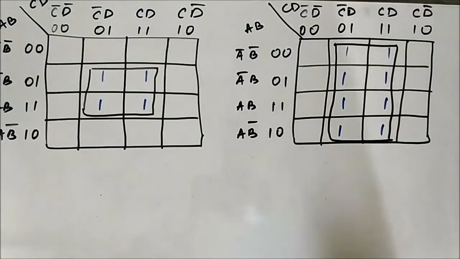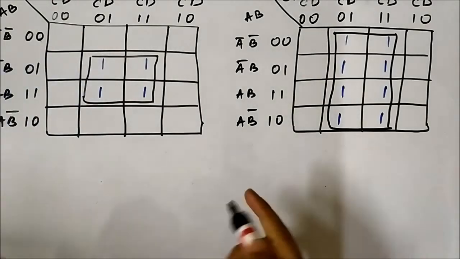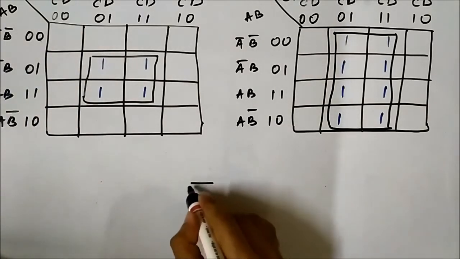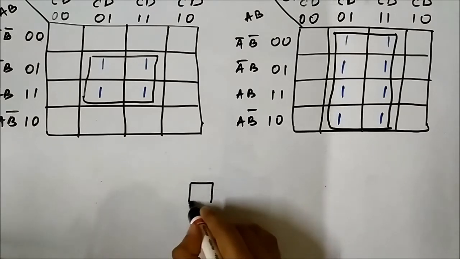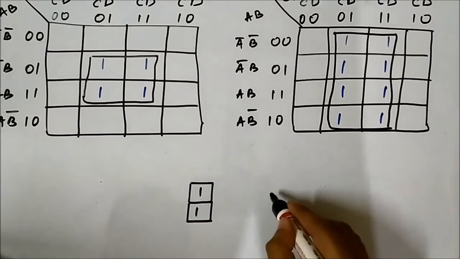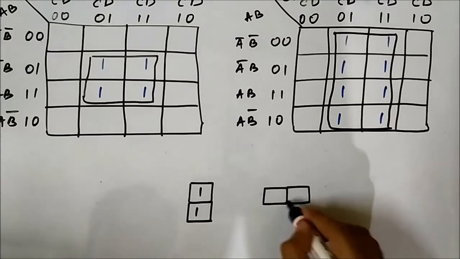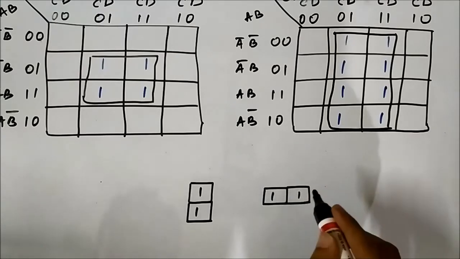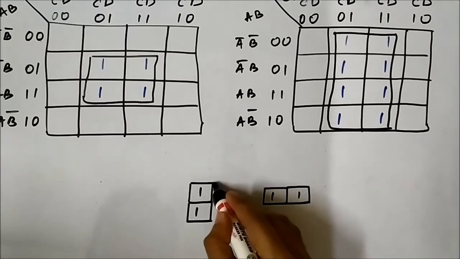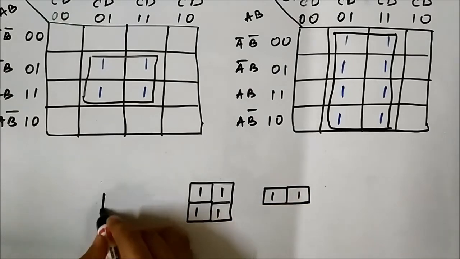Another important thing which I want to tell you is that when groups are formed, cells should be adjacent to each other like this, horizontal and vertical adjacency, or if it is like this, then there is a possibility of a quad.